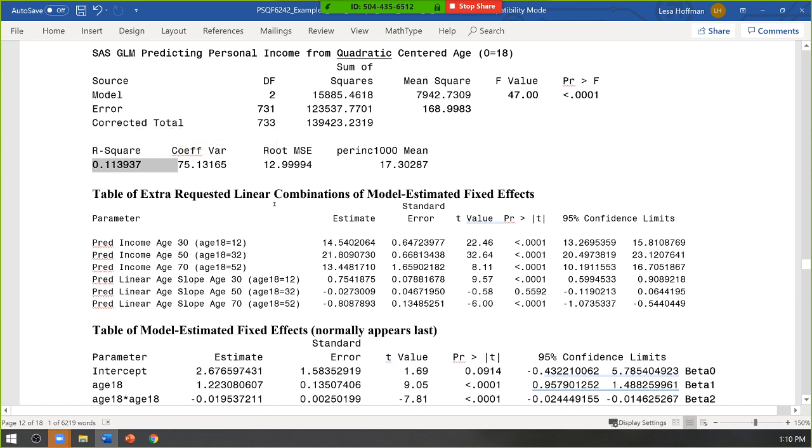So here's our friend R square. There are 2 ways to interpret R square. Do you remember this? Not off the top of your heads yet? Okay, let's do it again. So R square, one way to think about it is as a proportion of variance. Of all of the reasons why some people make more money than others in this sample, 11% of that is attributable to their age.